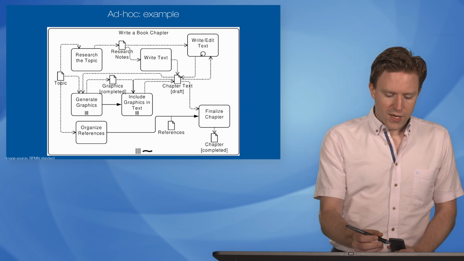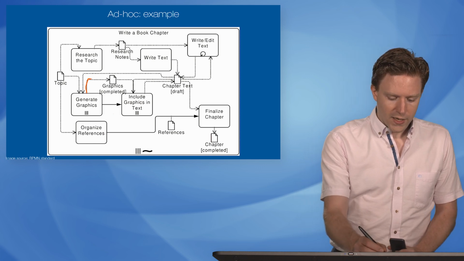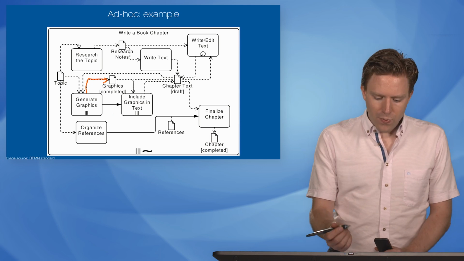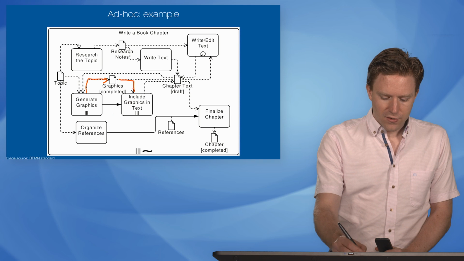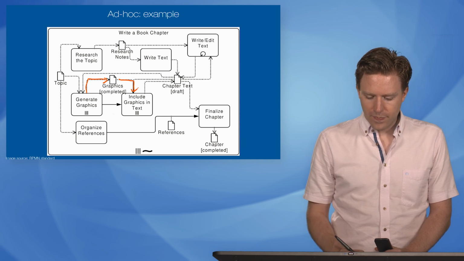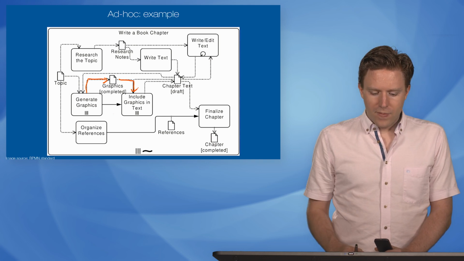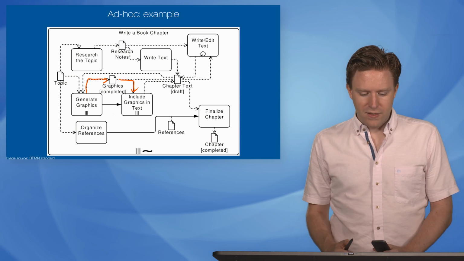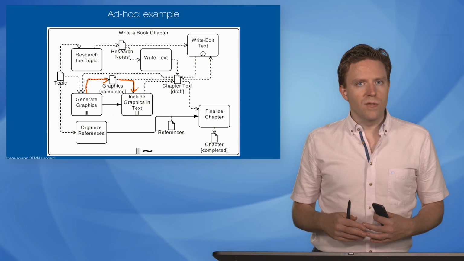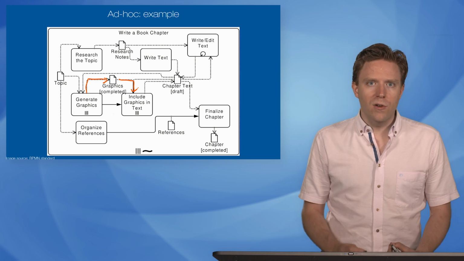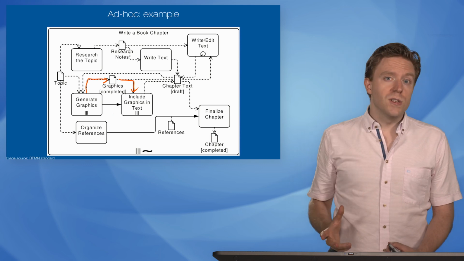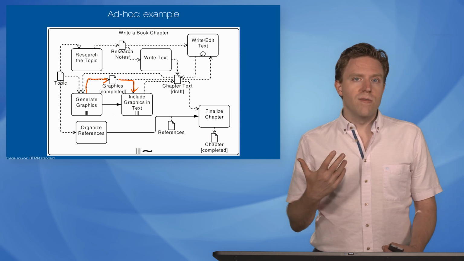We see that generate graphics, actually the output of it is graphics, and the input of include graphics in text is also the graphics. All of them interact with the chapter text. So we see by means of data and by sequence flows, we can impose some structure on this process, but make no mistake, this is still very, very unstructured.